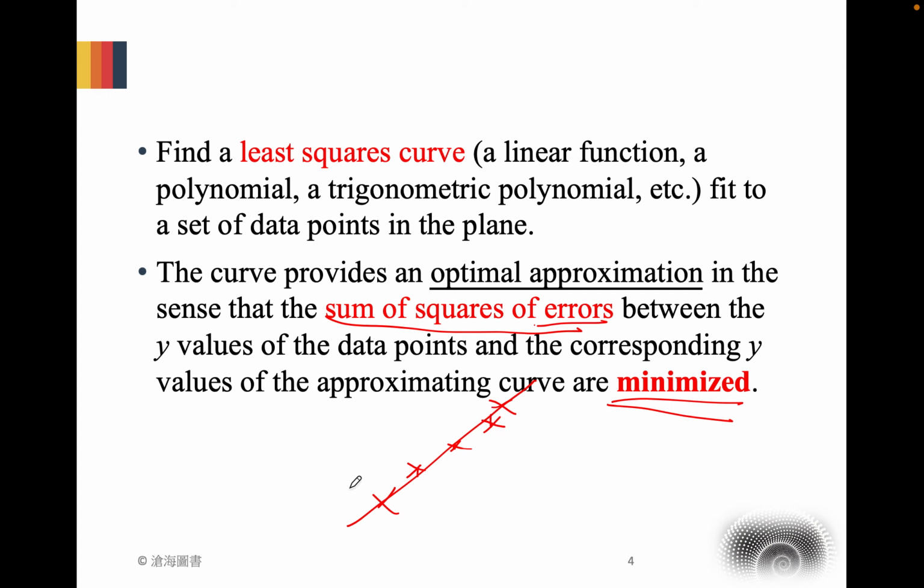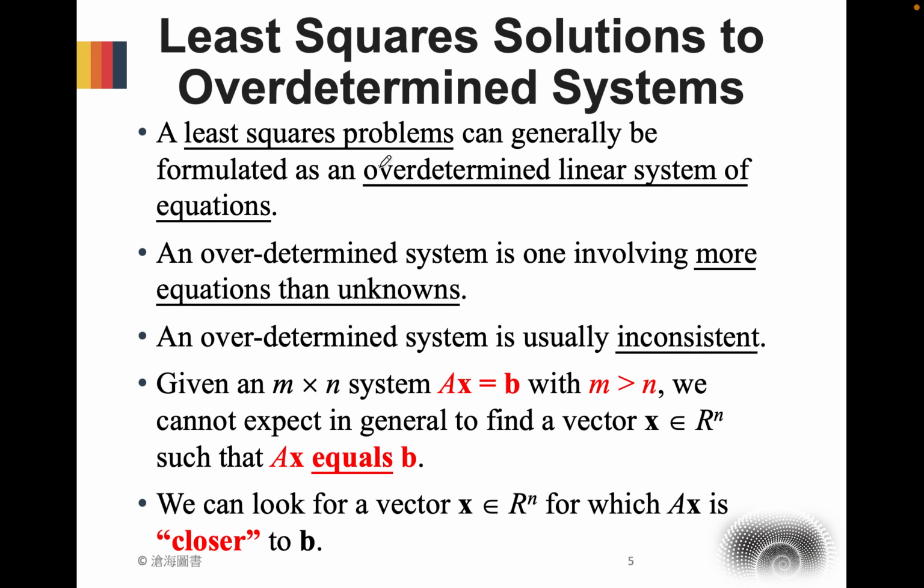And we can also find another straight line like this. Which one is better? The better one is the straight line that minimizes the estimation error. So in this sense, in linear algebra, we just need to find the so-called least squares solution.